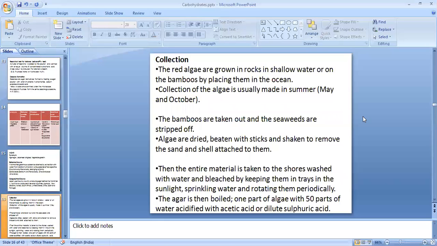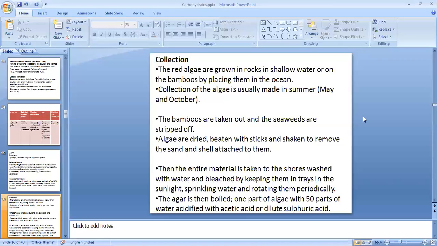Usually, the collection is done in summer, in the months of May and October. The bamboo sticks are taken out from the ocean and the seaweeds are stripped off, and it is dried. The sticks are beaten and shaken to remove the sand and shell attached to them.